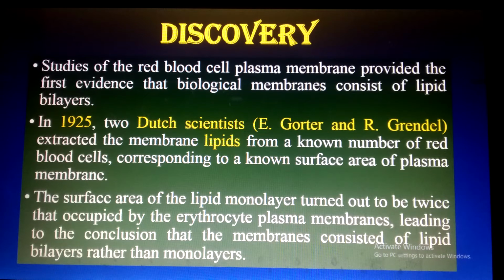Is it clear? The discovery of the lipid layer membrane or plasma membrane was first made in 1925 by the two Dutch scientists, Gorter and Grendel. Now, later on, what will happen?